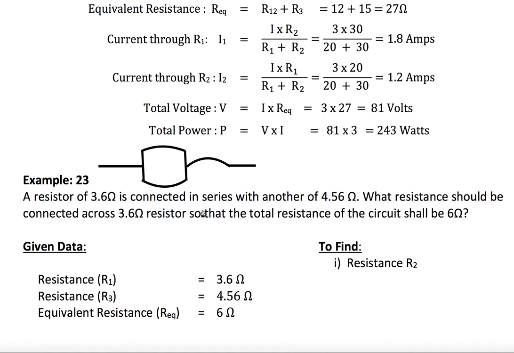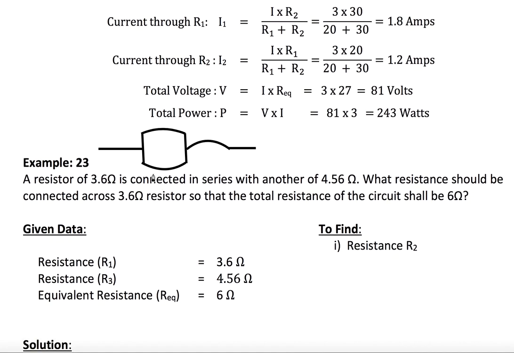What I'm saying is, this is 3.6, this is 4.56. Let's name it 3.6. One more resistor is there. How much is it? 4.56.